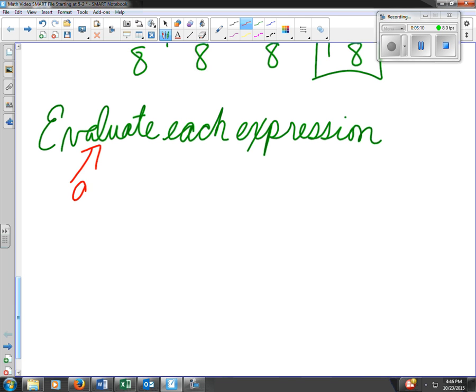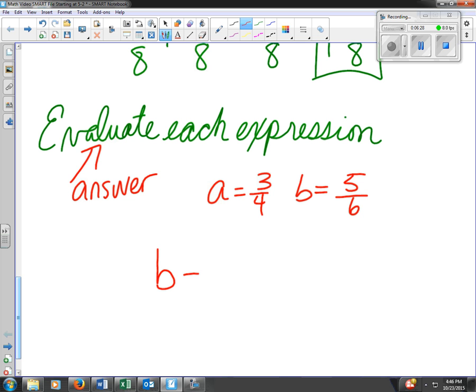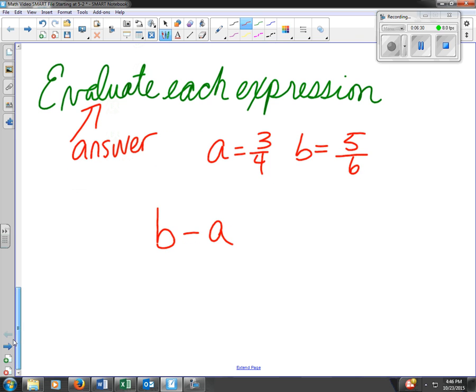Evaluate means I want an answer. That's all evaluate means. I'm going to say A equals 3/4 and B equals 5/6. Now, what is B minus A?